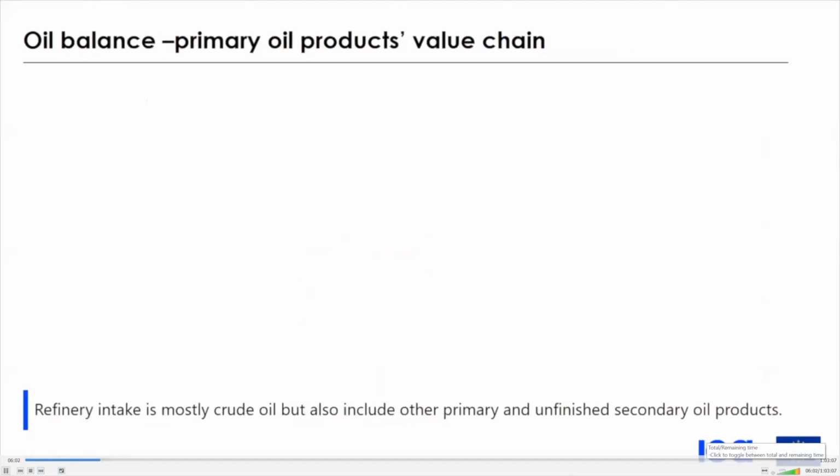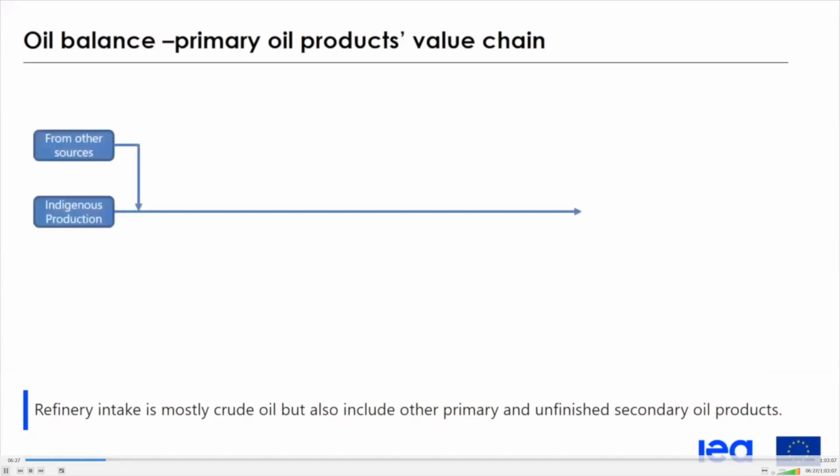So now let's have a look at how we could represent the chain of flows for each product. Let's first look at the primary oil products. The refinery intake is mostly crude oil, but as I told you before, it can also include some other primary and unfinished secondary oil products.